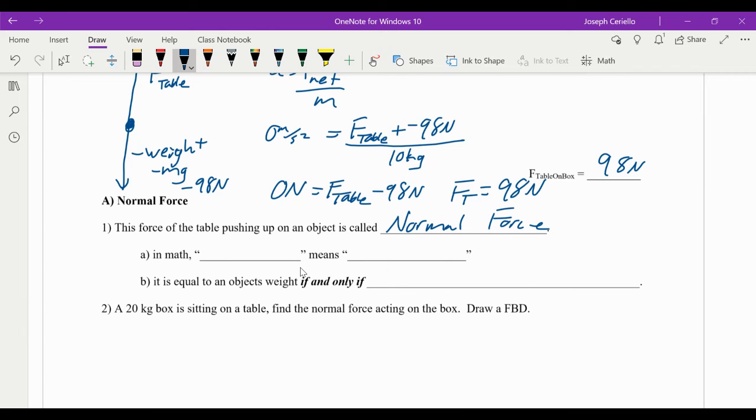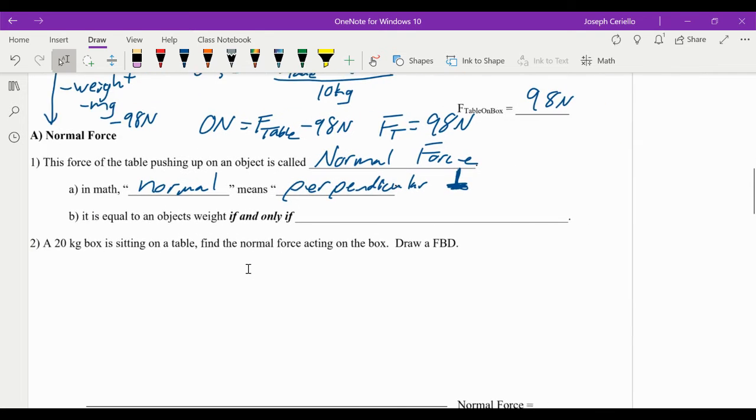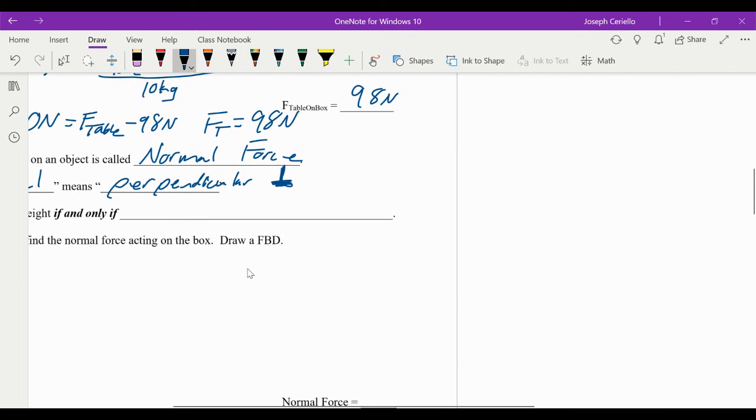In math, normal has a meaning. It doesn't mean regular or ordinary. It's not the natural force. Normal means perpendicular. If you remember this symbol from math, I'm going to be using it to mean perpendicular. I want to be more specific about what I mean by perpendicular here.